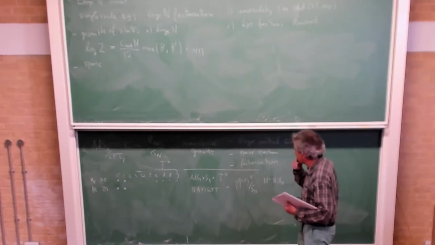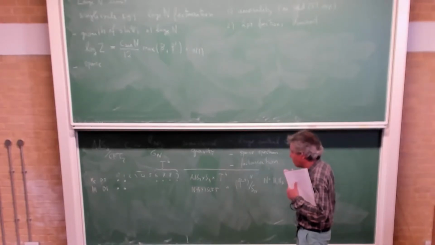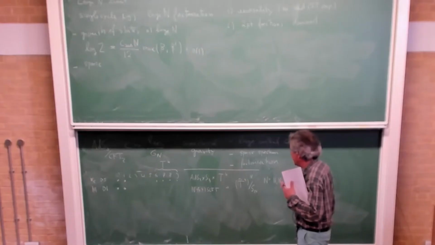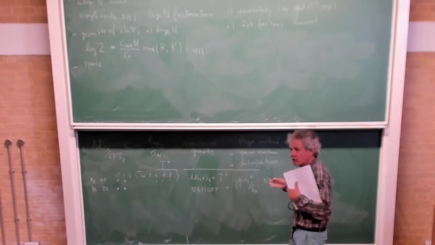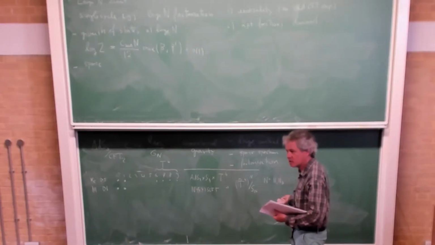And the other thing is, at the symmetric orbifold point, you can also construct many additional conserved currents and even higher spin conserved currents.